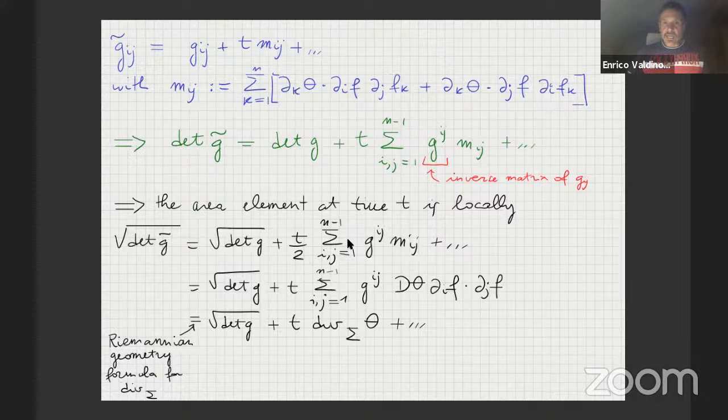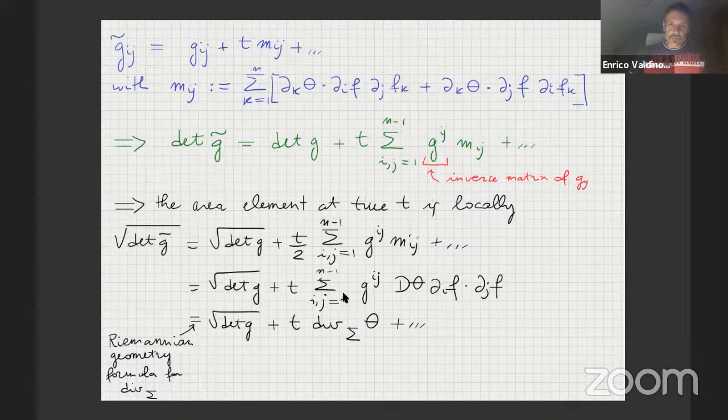Okay. And then I write explicitly who Mij is. Well, now the 2 simplifies, because Mij has 2 pieces, but since they are contracted against gij, which is symmetric, the 2 pieces give the same contribution, so the factor 2 cancels.